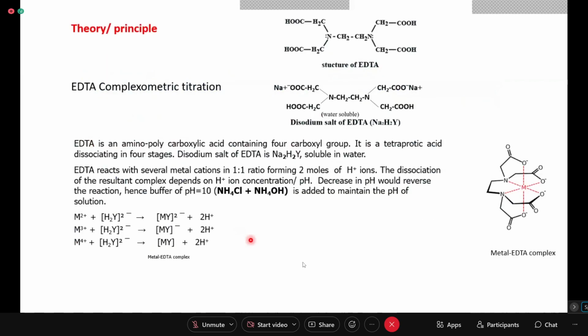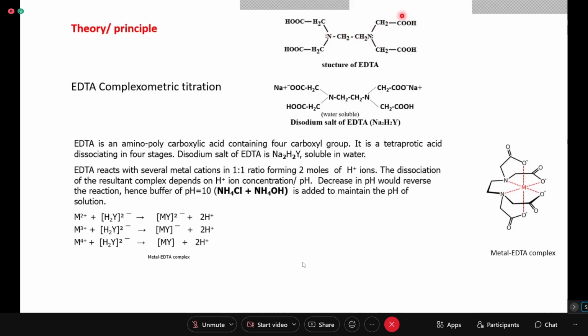Then coming to the theory, ethylene diamine tetraacetic acid is sparingly soluble in water. This is the structure of ethylene diamine tetraacetic acid. It has one lone pair of electrons on each nitrogen here also, so it can form 1, 2, 3, 4, 5, 6 coordinate bonds.